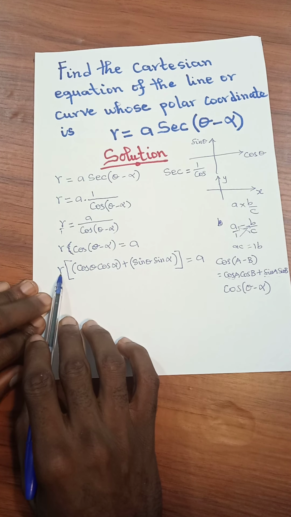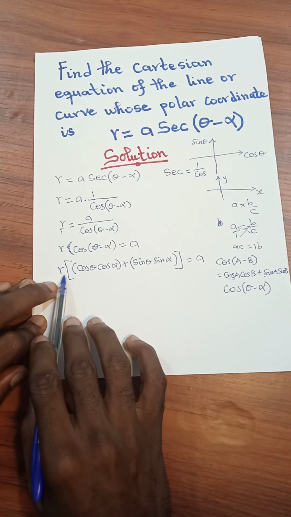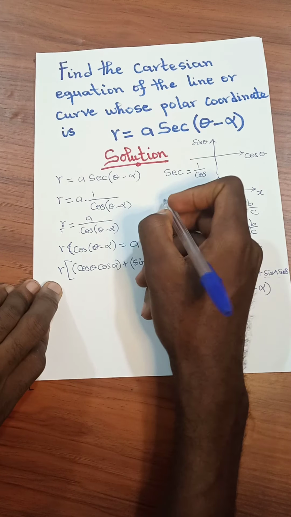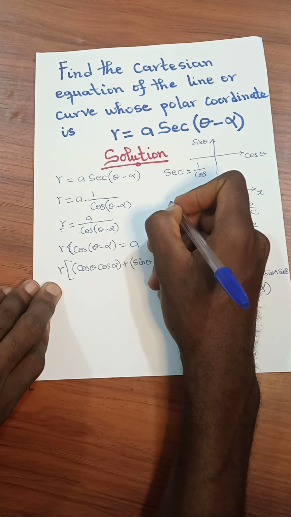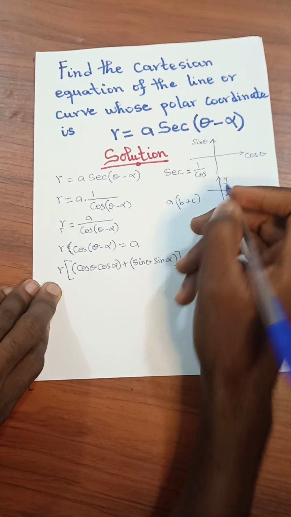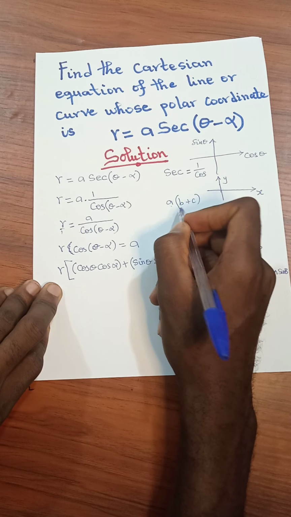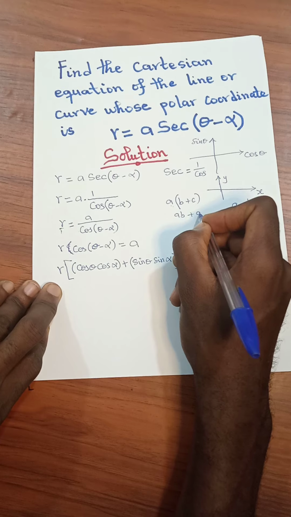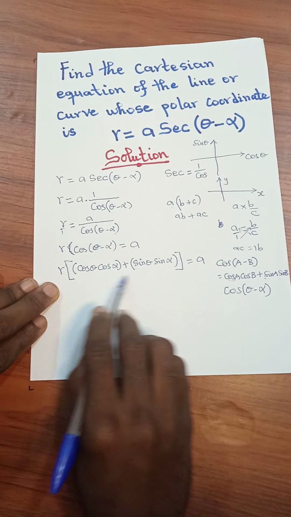I will now enter the variable outside into the bracket. When you have a multiplying into bracket b plus c, this is the same as a times b, which is ab, plus a times c, which is ac, right? So we apply the same idea here.